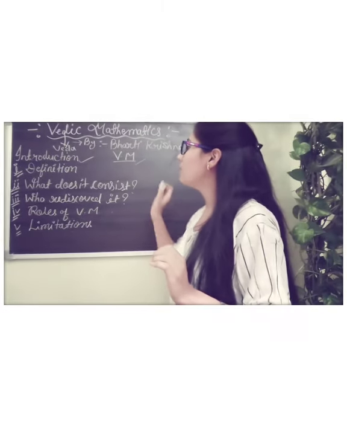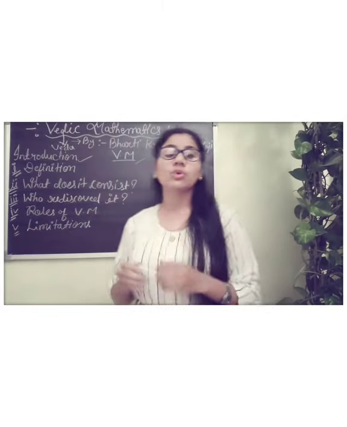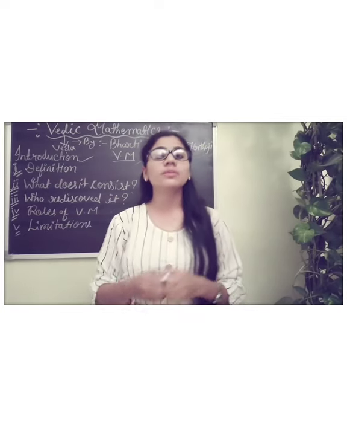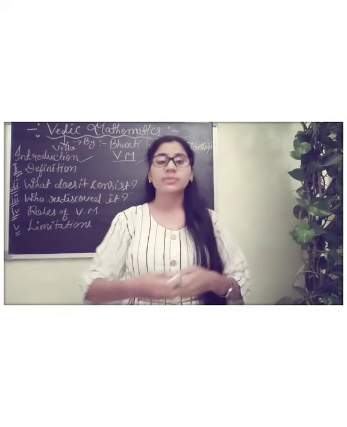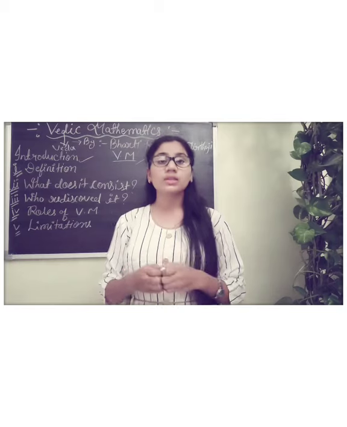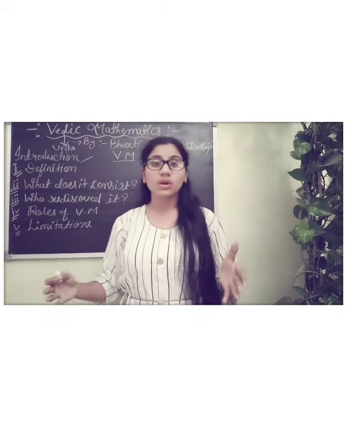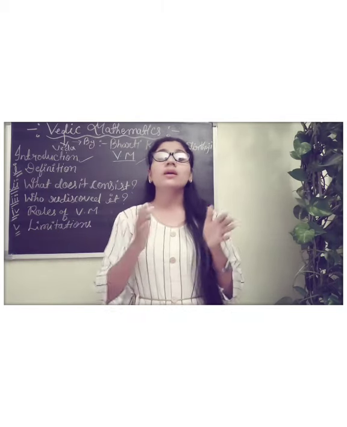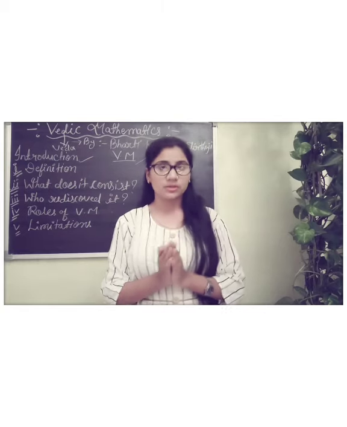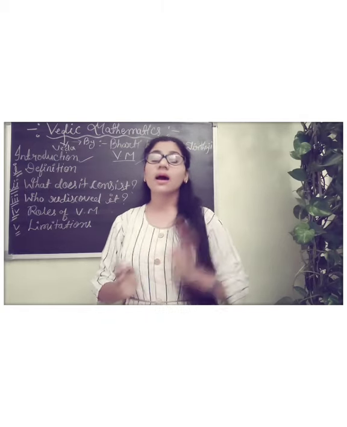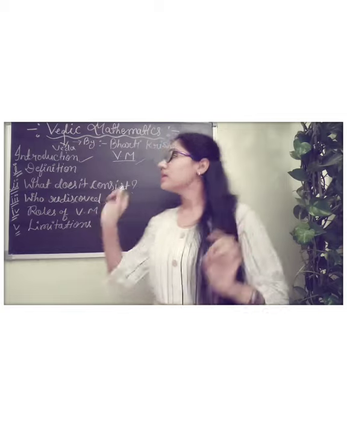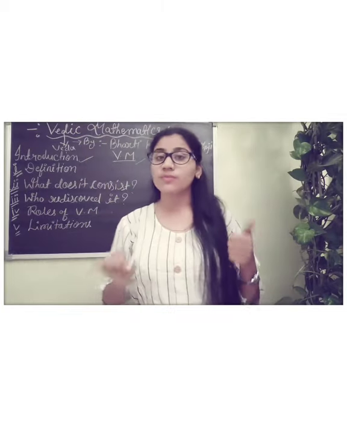If we wrap these words into a single unit, then Vedic mathematics is a branch of mathematics that deals with some specific knowledge taken from the Hindu scriptures. Because as you know, there are 4 Vedas, and this is derived from one of the Vedas.